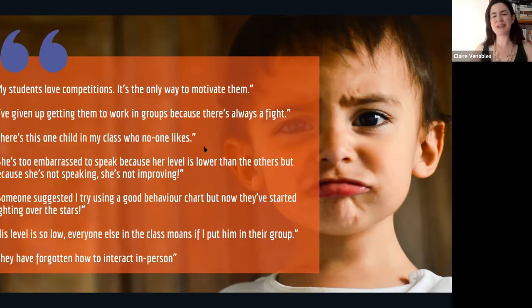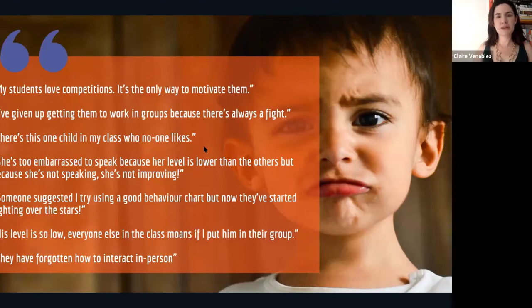That is completely linked to what we're talking about here today. What do you think happens, what's the consequence of not addressing this, when you've got this problem where you've got one child in the class who no one gets on with, or nobody likes? What are the consequences of that?